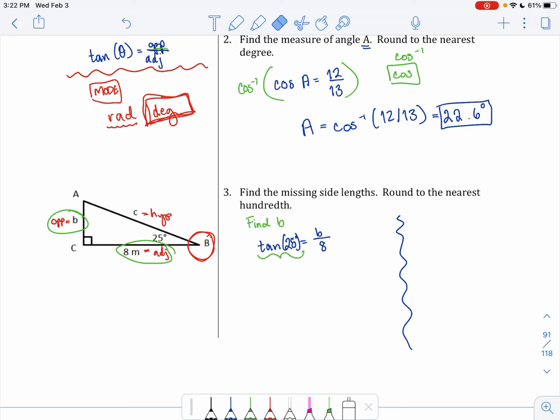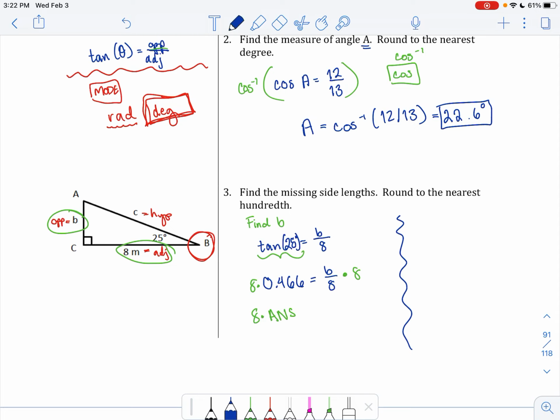Sorry, that's the cosine of 25. The tangent is 0.466, which is B over 8. Now I want to get B by itself, so I multiply both sides by 8. On my calculator, I might just use 8 times the answer, using the second function of the negative button, so then I don't need to round at all.